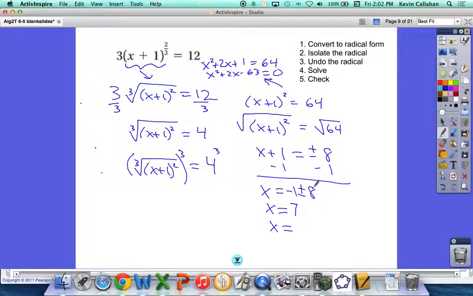Negative 1 minus 8, negative 9. 2 answers, right? If I kept going up here, I would have had (x plus 9) times (x minus 7). And what would the 2 answers have been? Negative 9, positive 7. Right? That's why it would not have been enough. If I just had the 8 here, I would not have gotten the 2 answers. You have to do plus or minus.